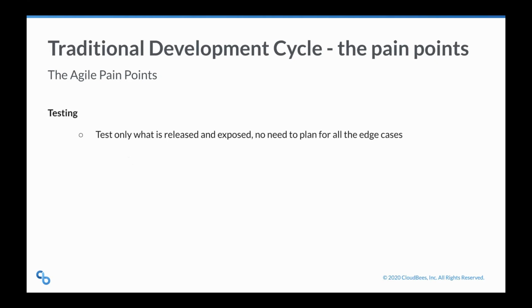Testing. Nick kind of talked about this earlier, but really you only have to test what is released and exposed. You don't have to plan for all the edge cases. So again, going back to my subscription story, I really only had to worry about the active state of the subscription. I didn't have to put in test cases for what happens when the subscription is expired? What happens when it goes back from expired to active?